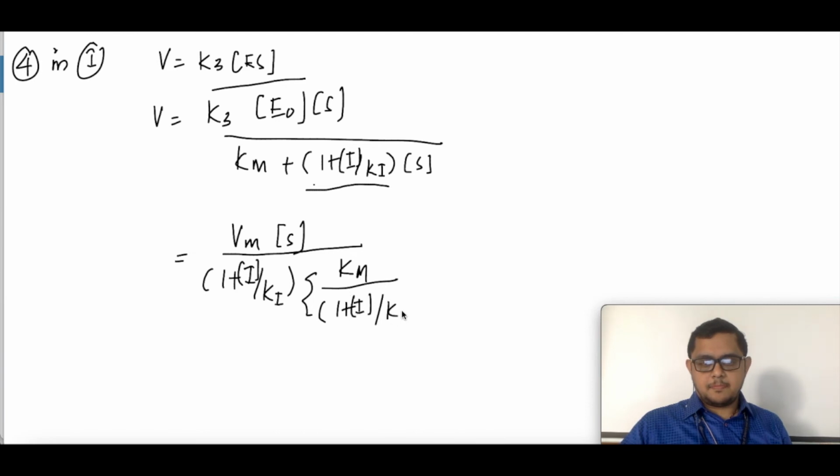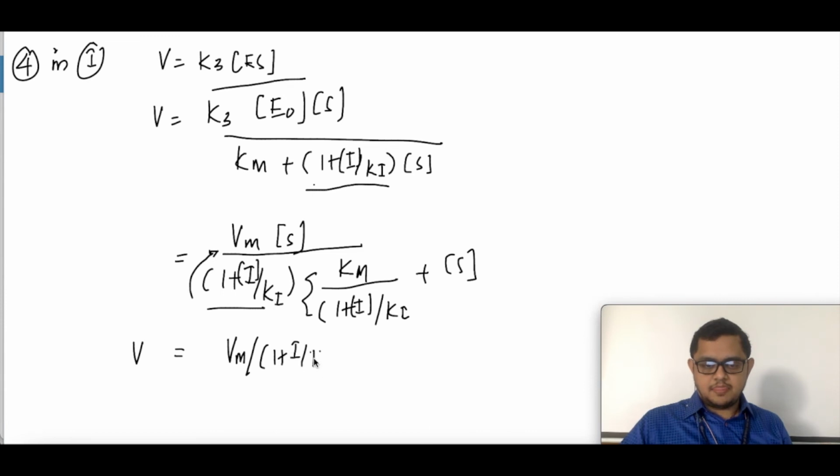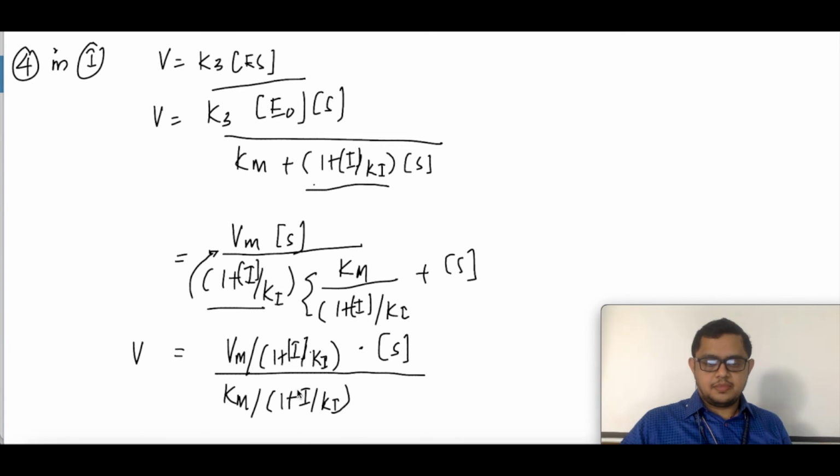So now I am writing this equation, V is equal to Vm divided by 1 plus I by Ki into S divided by again Km divided by 1 plus I by Ki plus S. So you can replace this term.